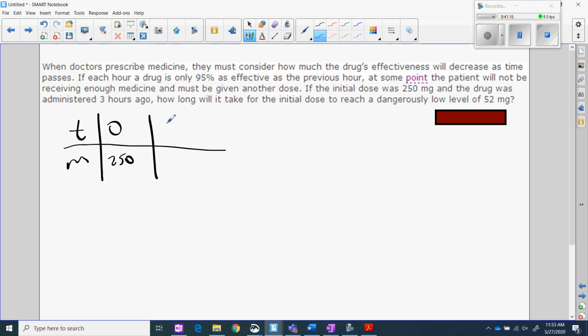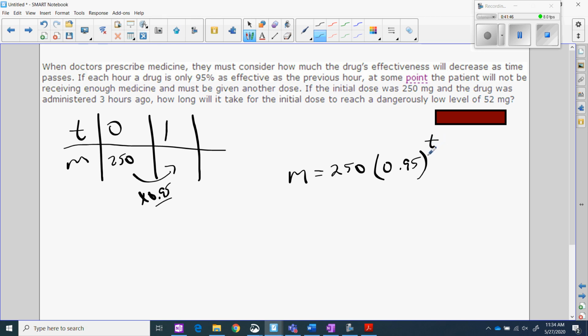After 1 hour, that drug is going to be 95% as effective as what was there. So if you have 250 milligrams, you're only going to have 95% of that remaining in 1 hour. So my function, the mass remaining of the dosage, would be 250, 95% remaining, and my scale is 1, so just to the exponent t.